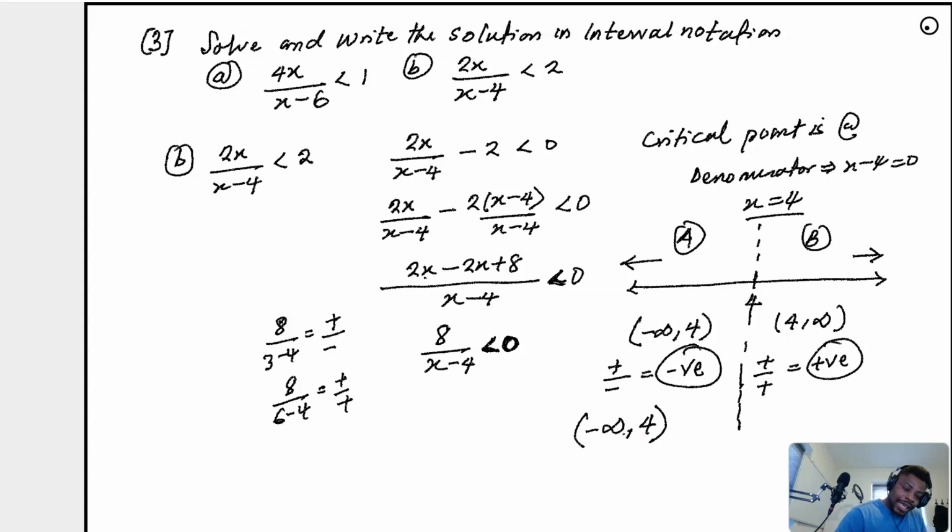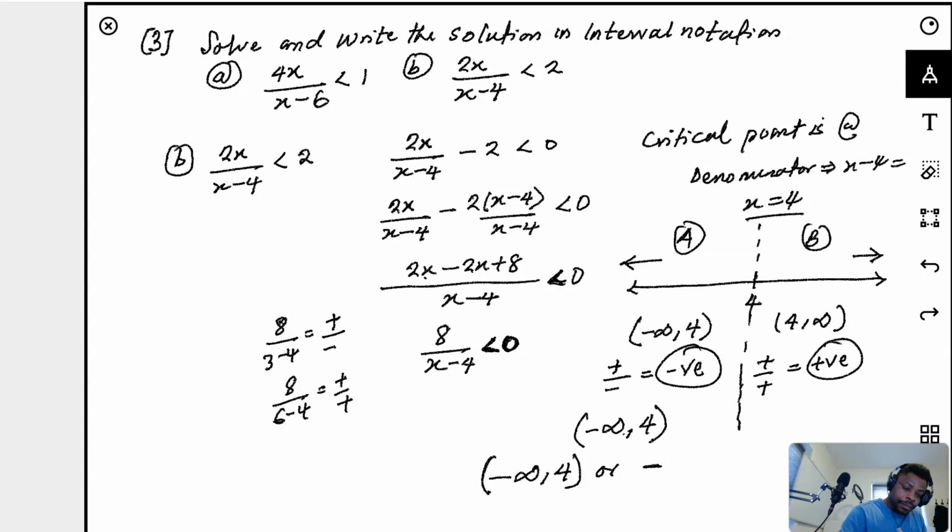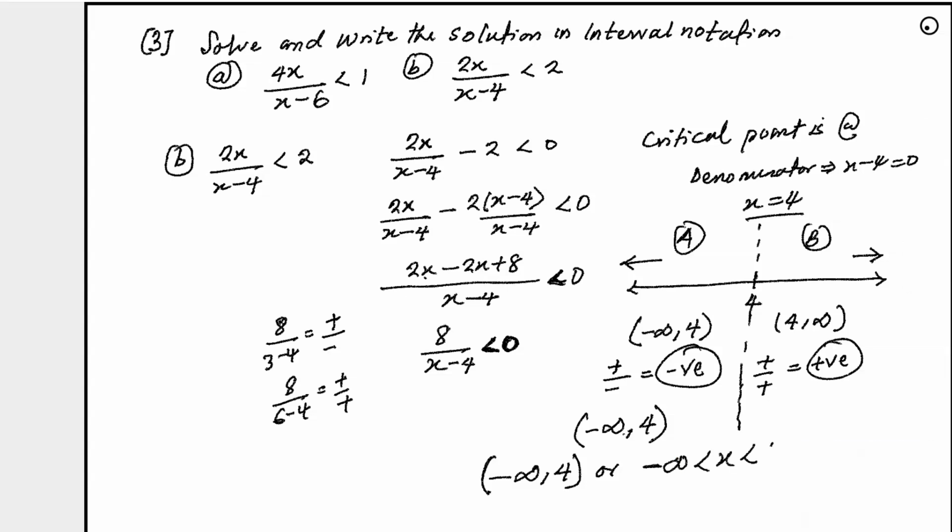So our solution here is minus infinity to 4. Or we can write it in an inequality interval, which is minus infinity less than x and less than 4. Easy.